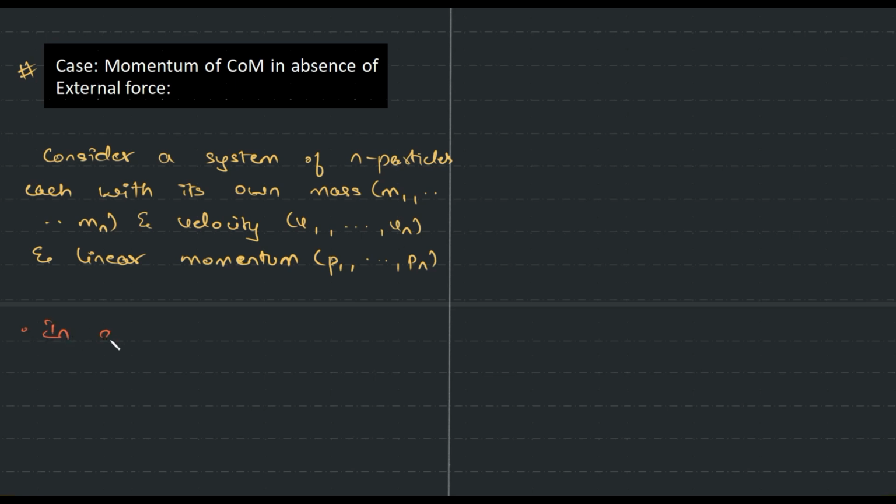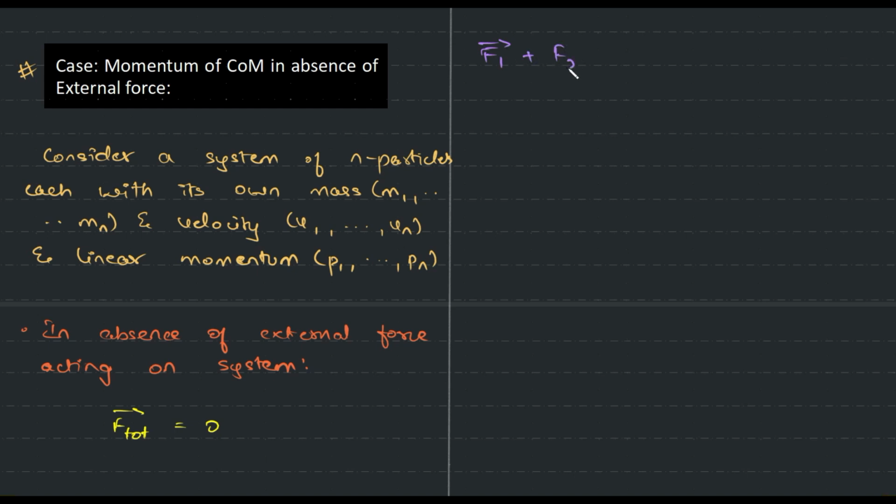Now, in the absence of external force acting on the system, what we're looking at is F total will be equal to 0. So basically, the net force is 0, means all the forces when added in vector form will be equal to 0.